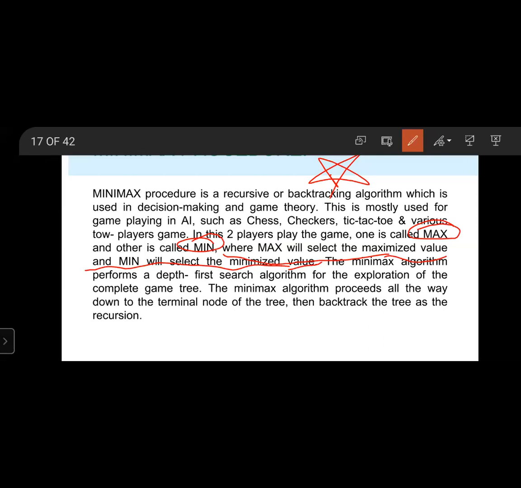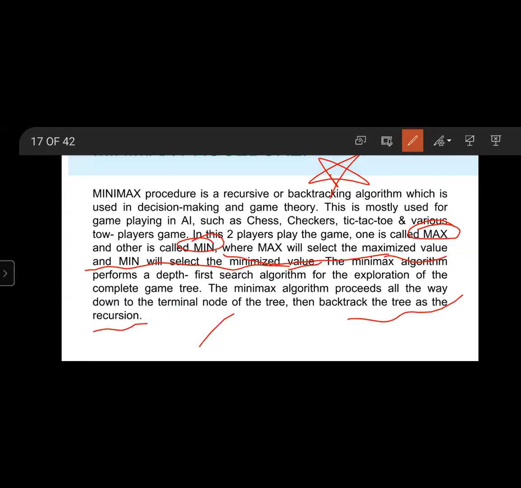The minimax algorithm proceeds all the way down to the terminal node of the tree, then backtracks the tree as the recursion. Clear?